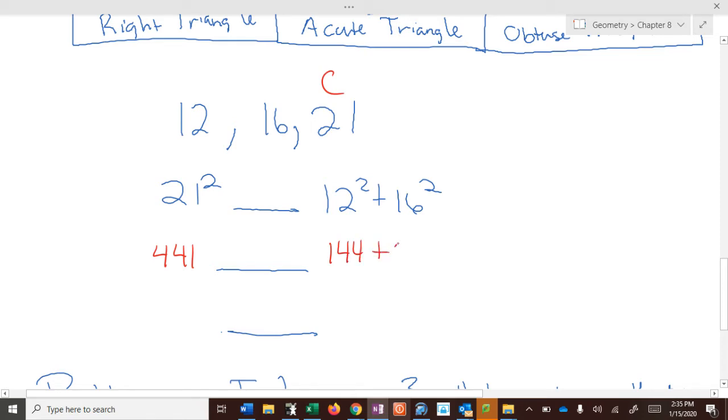And 16 squared is 256. Okay? So, if we add those together, this is still 441 on this side, but this side is 400. Since this is bigger, 441, not 444, since this is bigger, then it is an obtuse triangle.